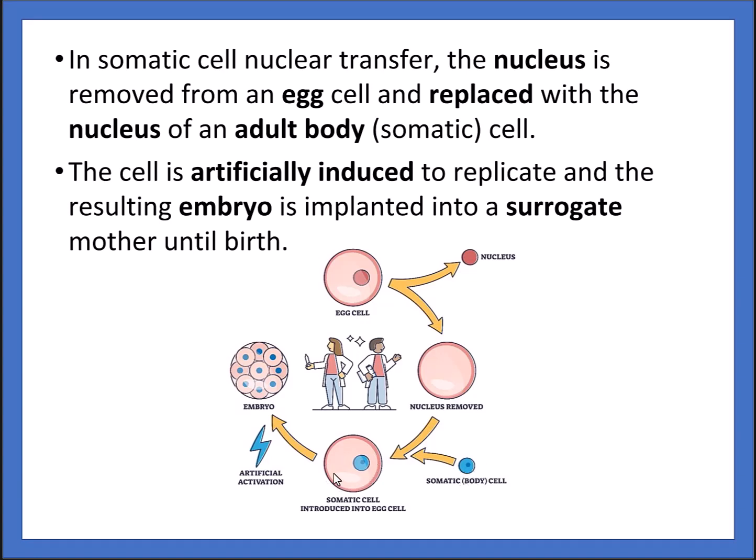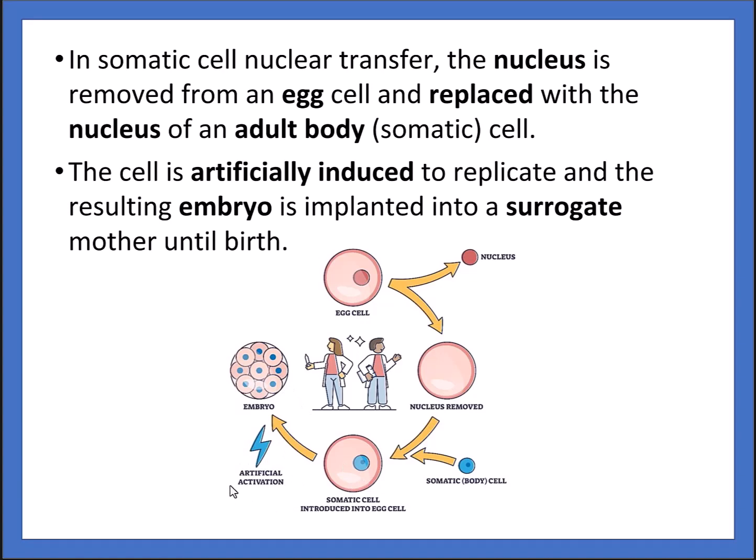So this is now a full set of chromosomes. It does not need to join with any other cell. It has all of the formatting of an egg cell, but it has the genes of an adult cell that has already joined with a different organism in sexual reproduction.